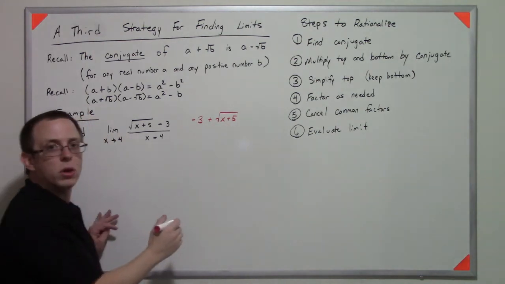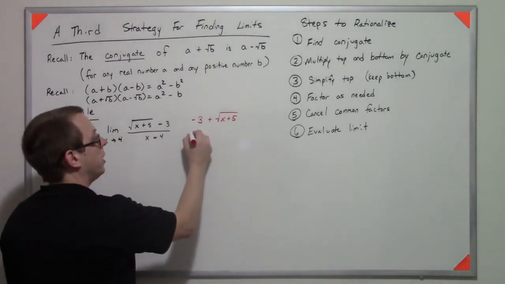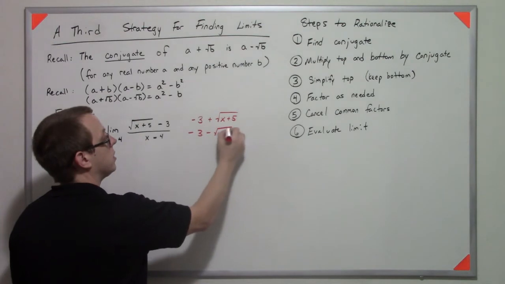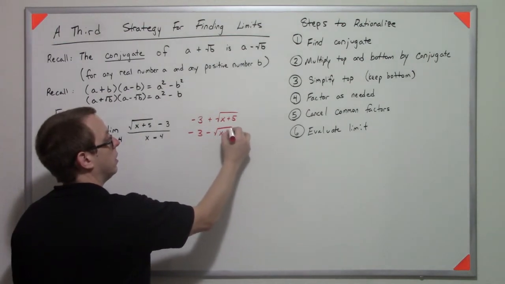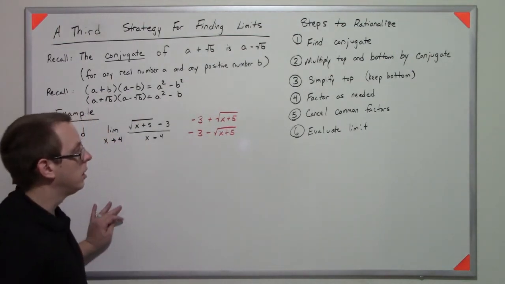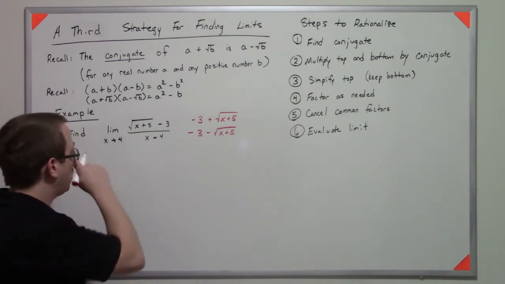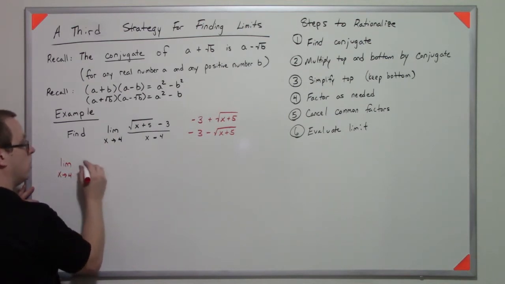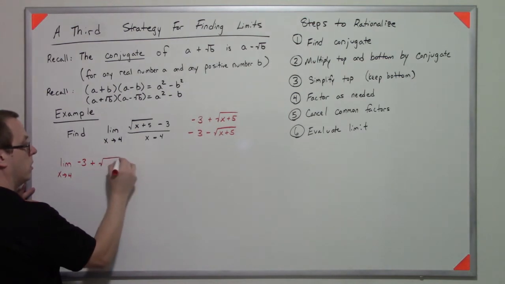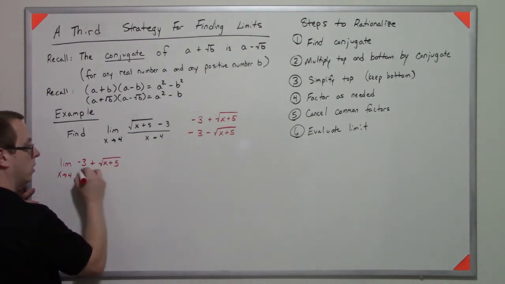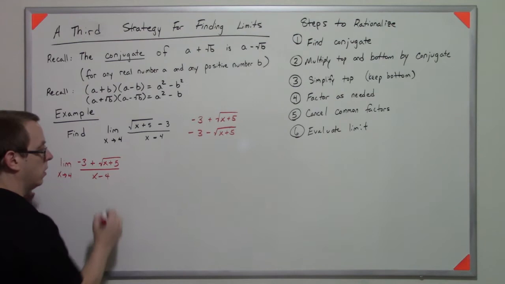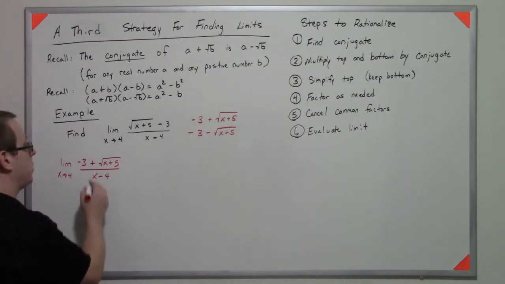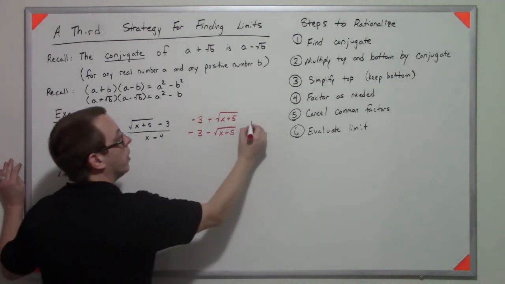That's my regular one. My conjugate then is negative 3 minus the square root of x plus 5. So I'm going to rewrite this. And this is step 1.